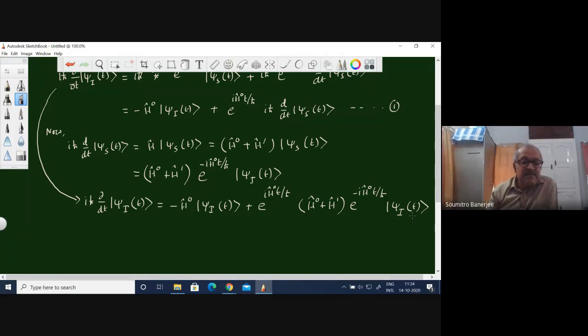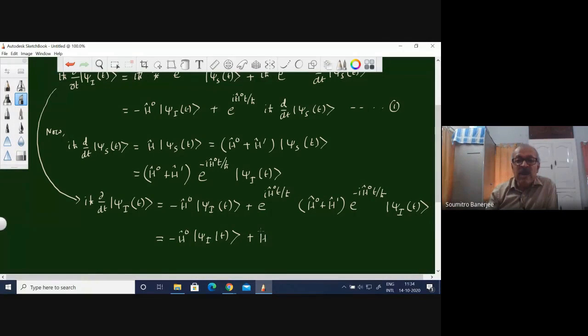Now I can break it up. If I break it up, that means once using H naught, another time using this, then it is minus H naught psi I of t, plus it will be this term times this times this. Now, since the H naught operator commutes with any function of H naught, I can bring this to this side and this cancels off.